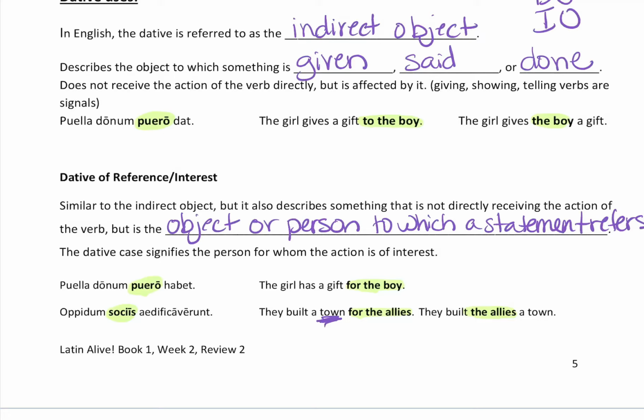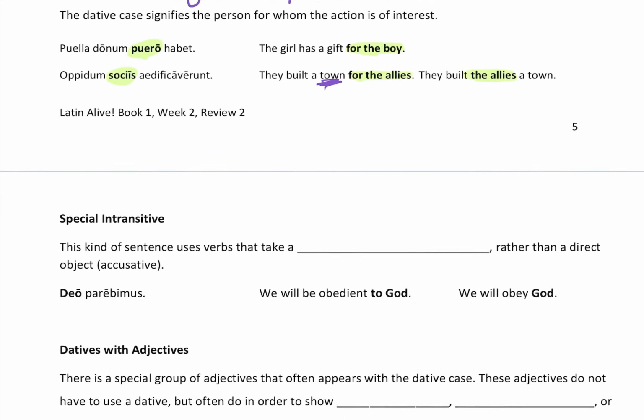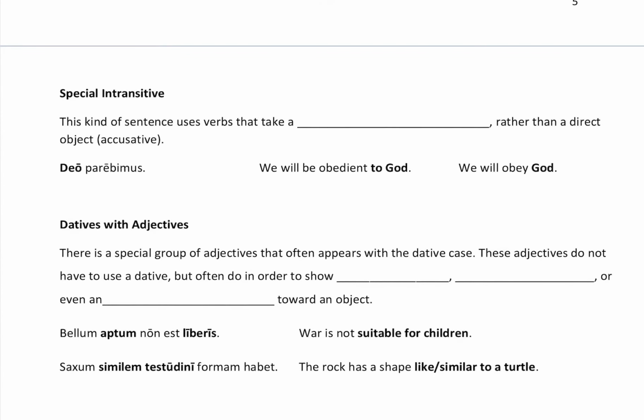Okay, so sometimes it says to or for. Sometimes it makes better English sense if you use just a different phrase without the to or the for. And remember, now that you're in Latin 2, you're going to have to decide which makes good English sense when you translate it. It's not going to be as easy as Latin 1, but good English sense is always primary.